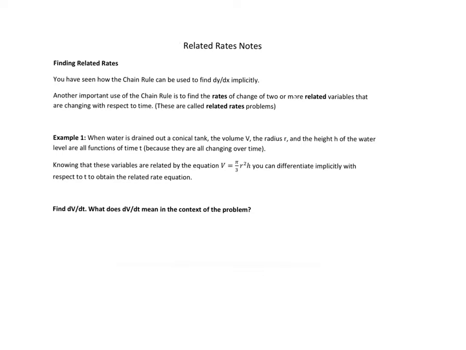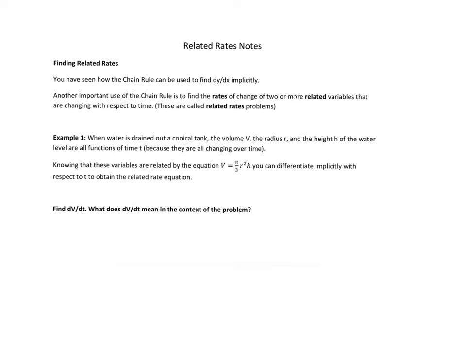Basically, we are going to be finding the rates of change over time. Everything we use, we will be finding a derivative with respect to time, meaning that everything we're going to do is going to be over a dt.